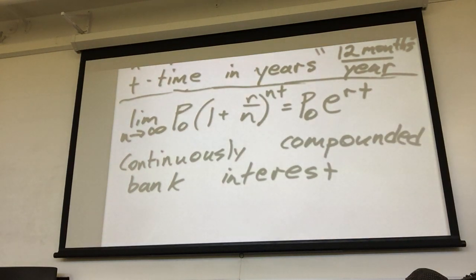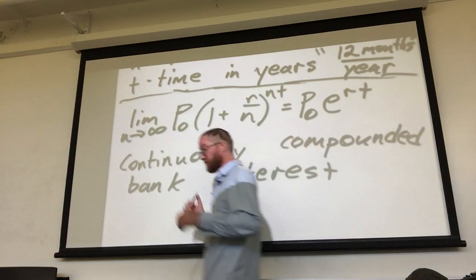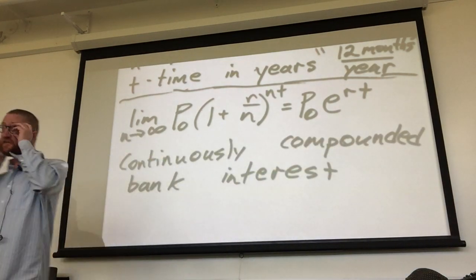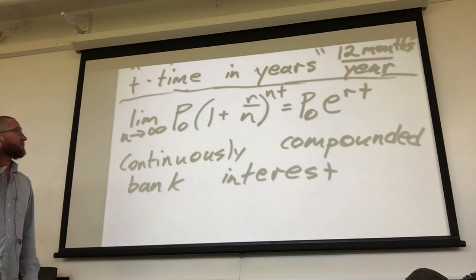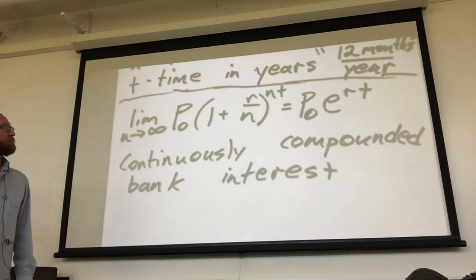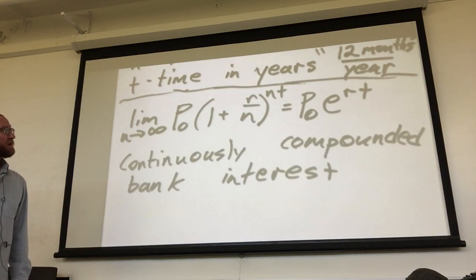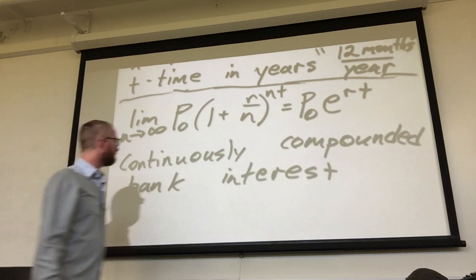All right, so when talking about the difference between discrete mathematics and something that is continuous, this formula tells us that at any point in time, we can calculate the amount in that bank account.